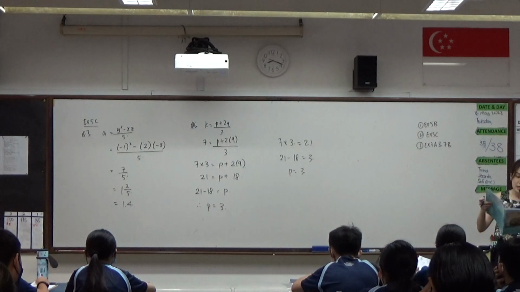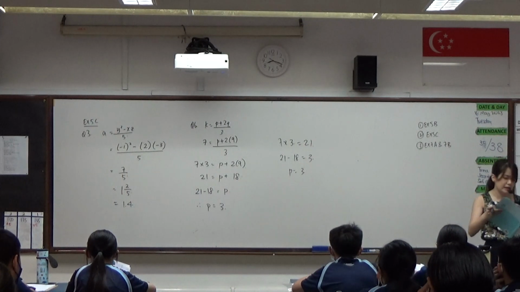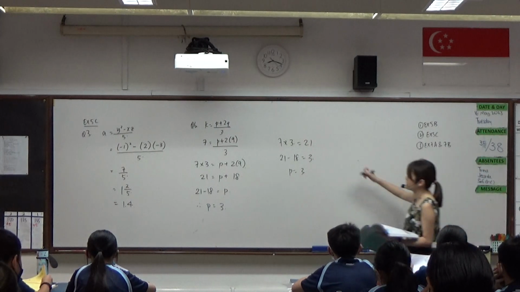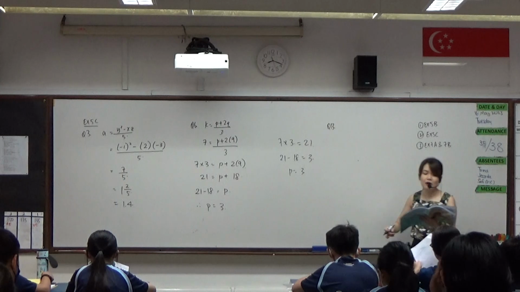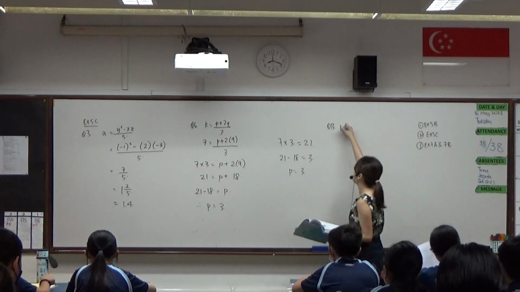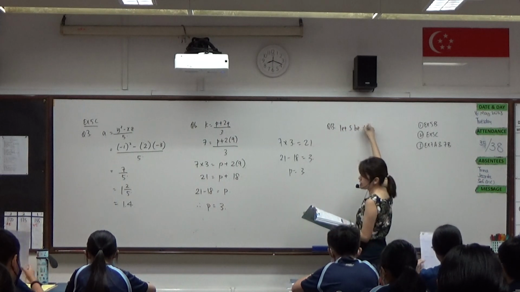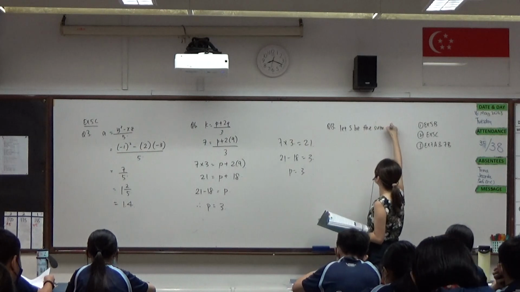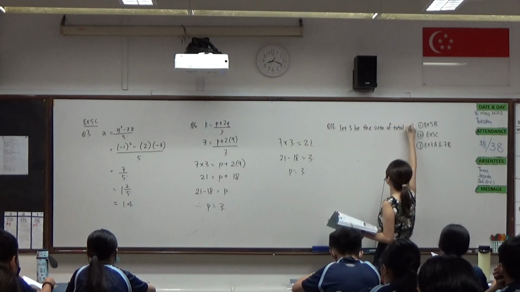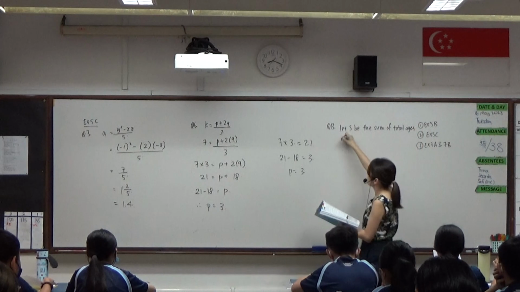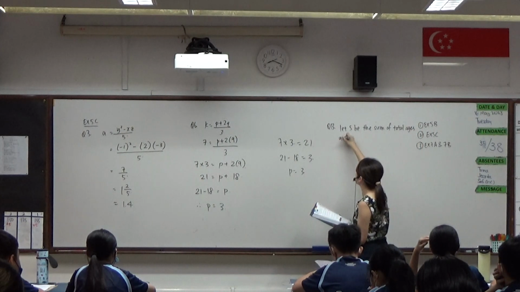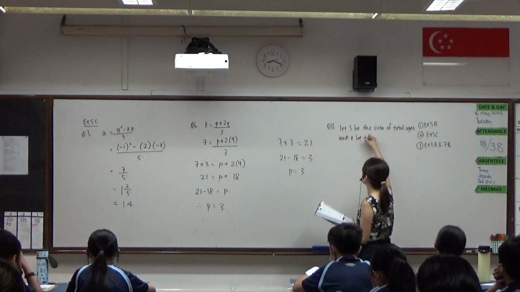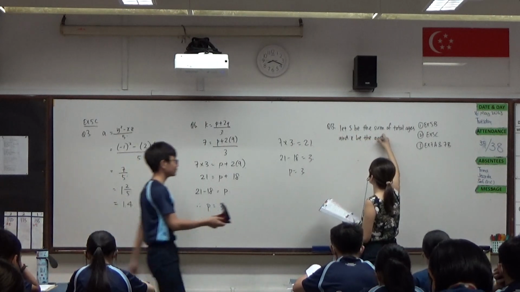Then the remaining questions, for example question 13, which I did go through in class already. The formula itself, we need to let S be the sum, and x or n, whatever letter that you chose.